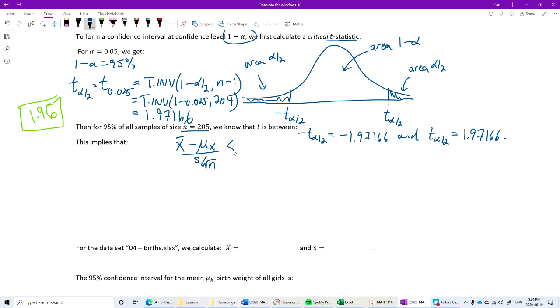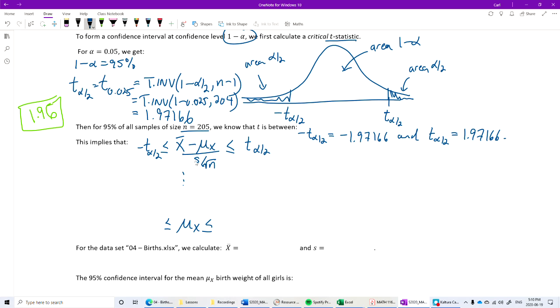So that's between the positive critical value and the negative critical value. Great. Now, we're going to manipulate this until it becomes an interval for mu x. We're going to change that around until it's a left side and a right side for mu x.